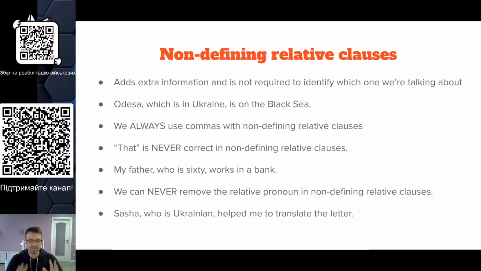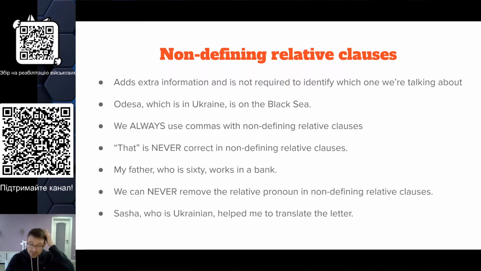You can never skip it when we have this extra information. So with the example sentence I've given you, "Sasha, comma, who is Ukrainian, comma, helped me to translate the letter." So here, "who is Ukrainian" is extra information, which is why we have the commas around it. But we cannot skip the relative pronoun. So we cannot say, "Sasha is Ukrainian, help me to translate the letter." So you'll always need to use the relative pronoun in these types of sentences.